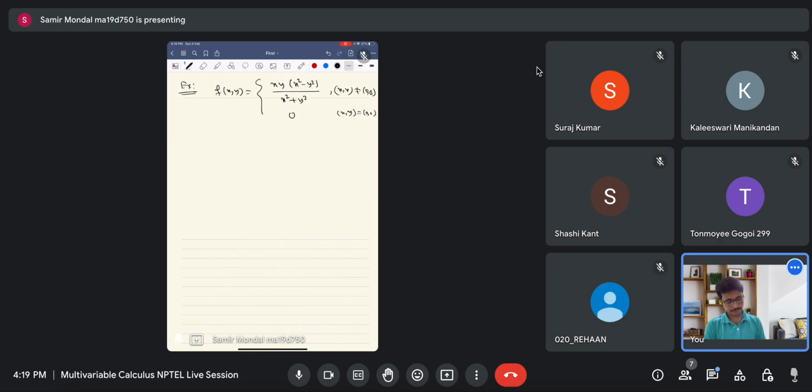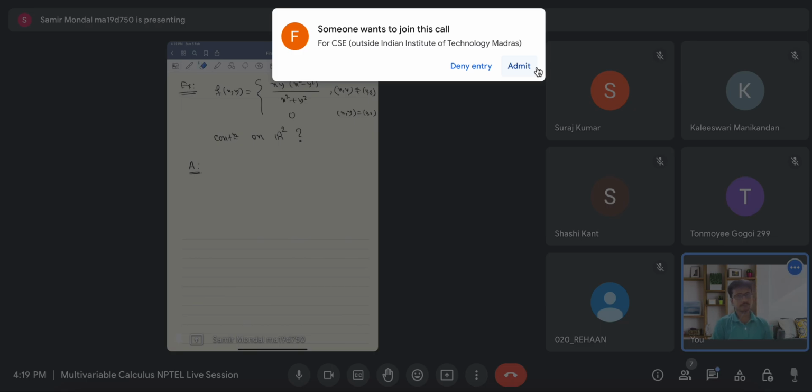Continuous on R2 or not? Please tell me.